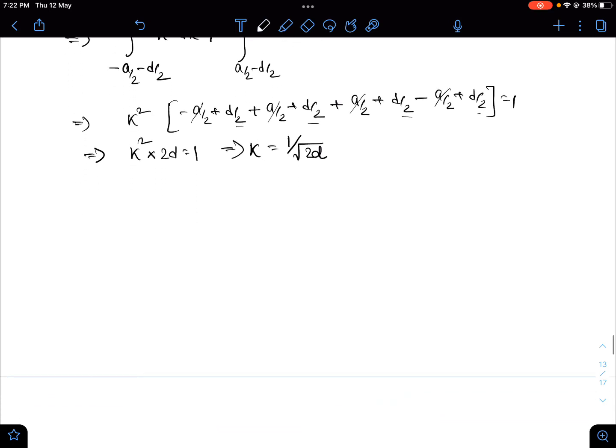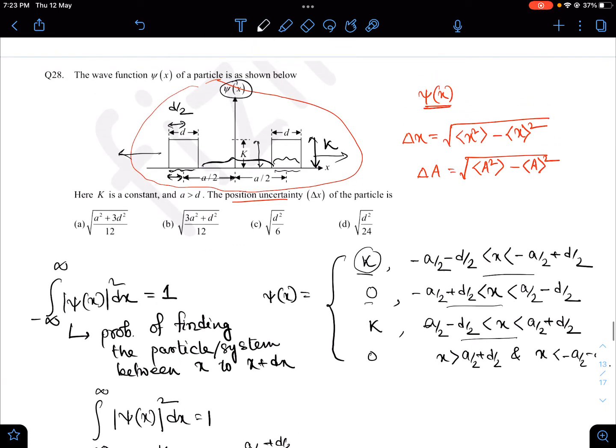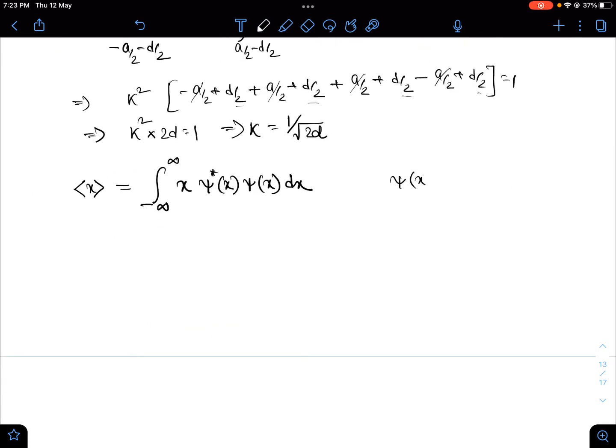Now let us calculate the expectation of x. For that, we have the integral from minus infinity to infinity of x psi star(x) psi(x) dx. Let us look at this carefully. If you observe the graph, psi(x) is an even function because it is symmetric around x equal to 0.